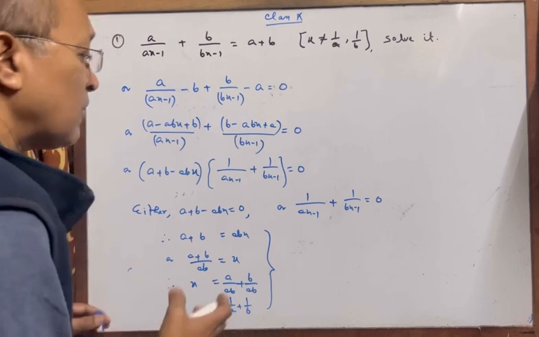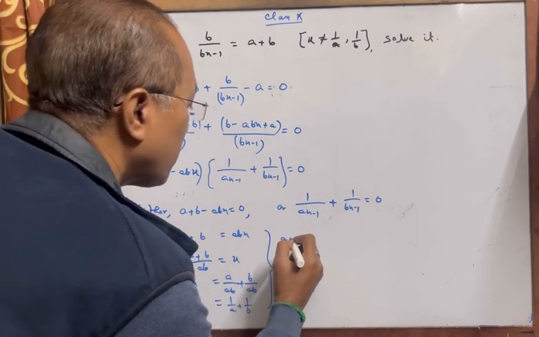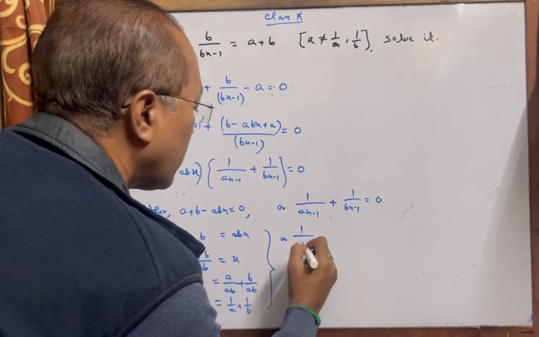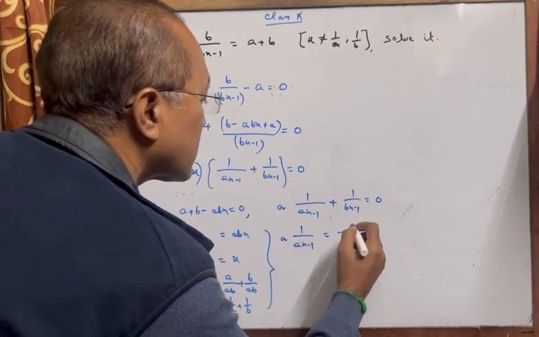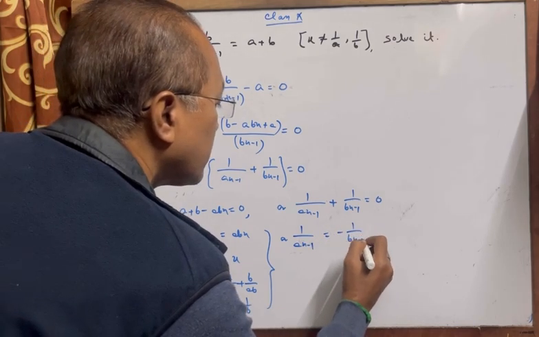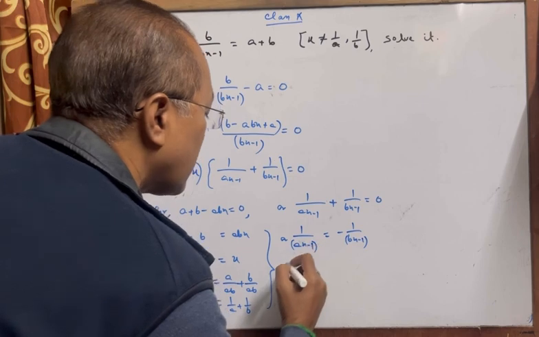Let's see what is coming here. 1 by (ax minus 1) is equal to minus 1 by (bx minus 1).